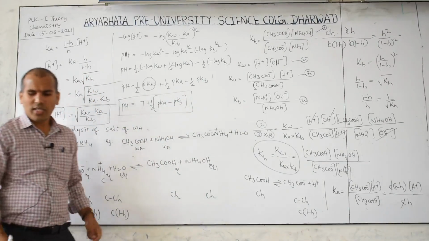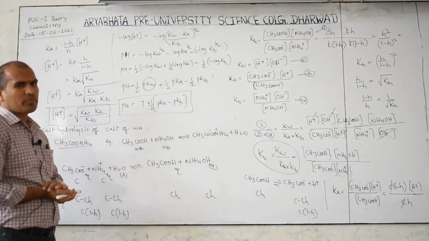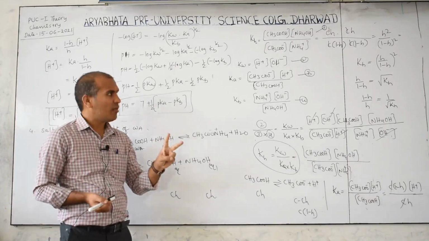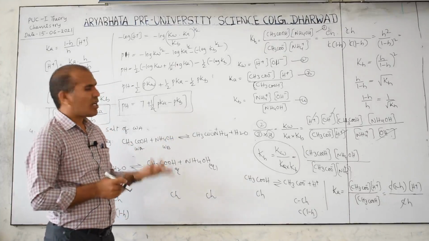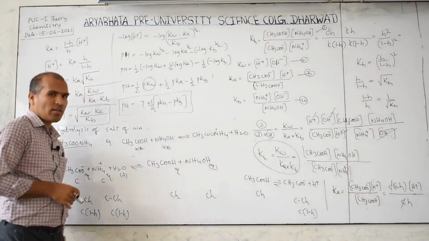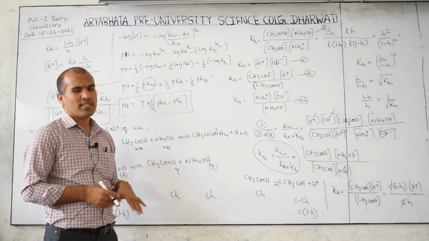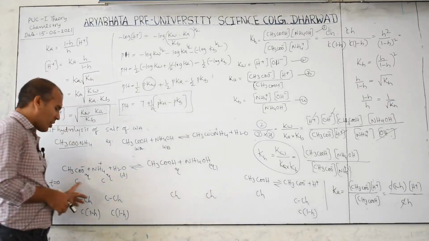Now here you will get 3 conditions. Before that, I told that when a salt of strong acid and weak base is there, it is acidic in nature because of cation hydrolysis. Another one, salt hydrolysis of weak acid and strong base, pH is greater than 7, because of anion hydrolysis. Now here both undergo hydrolysis.